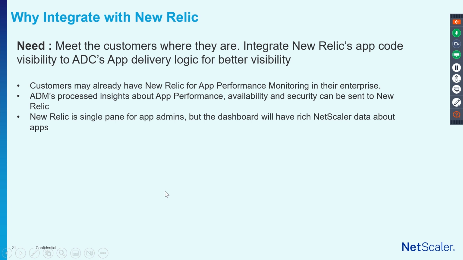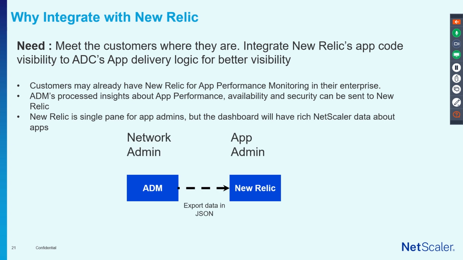And New Relic is a single pane for app admins, and ADM can provide great ML processed insights about application performance and availability. And this would only make the visualization and troubleshooting much more efficient for the administrators.